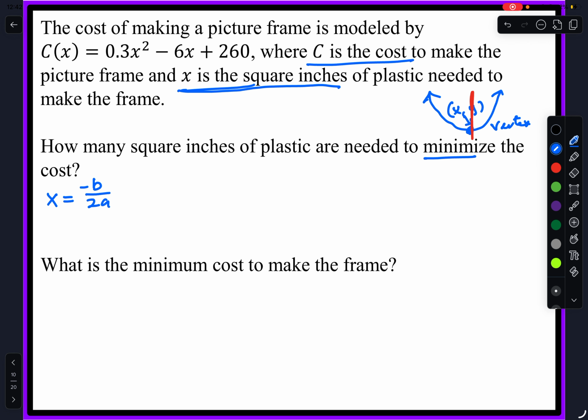Now the values come from the equation, where this number is the value of a and this number is the value of b. So plugging those in, we're going to get the negative of negative 6 divided by 2 times the value of a, which is 0.3.